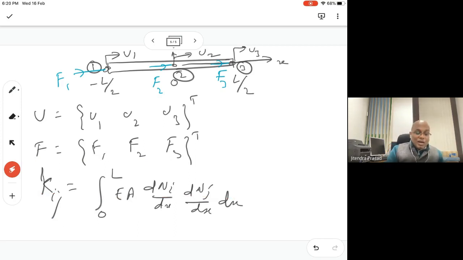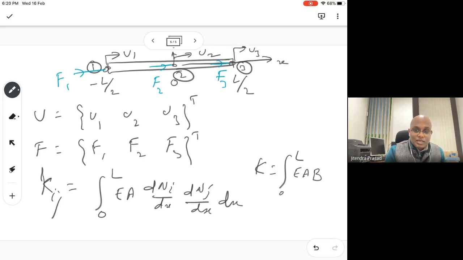Or you can also write K equal to the integral from 0 to L of EA, and then we have the B matrix, B transpose B, and then dx. So the whole K can be written like this, or a component of that like this. We have worked on this already.